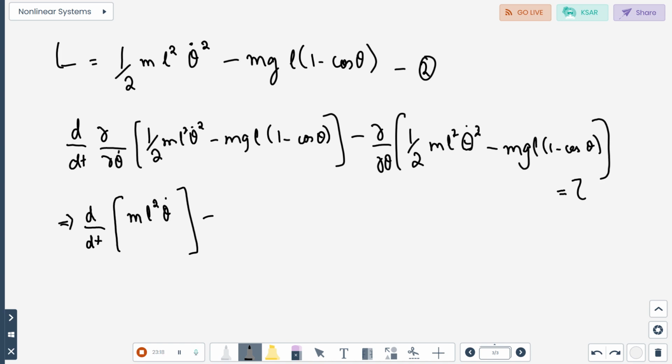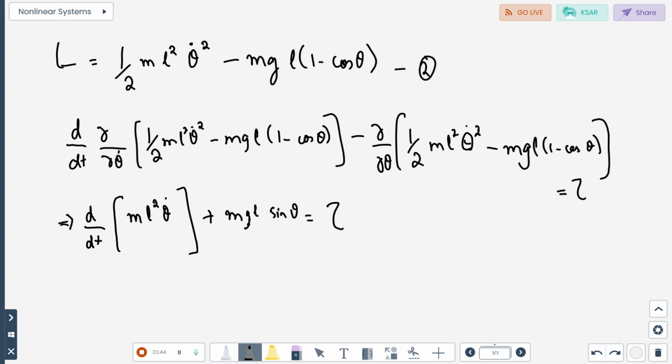Minus mgl, 1 is 0, cos theta is minus sine, so this becomes actually minus mgl times minus sine theta, so this becomes actually plus mgl sine theta is equal to tau.